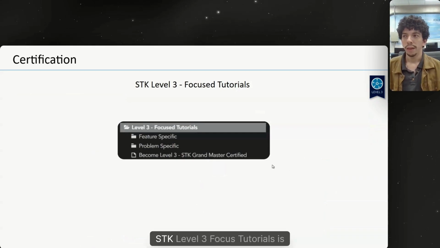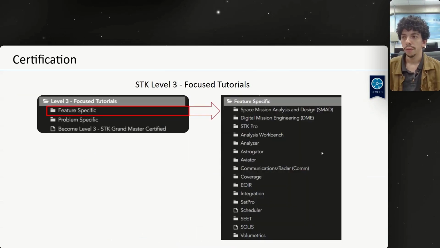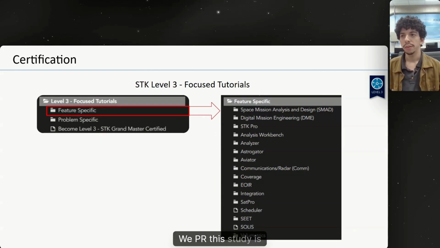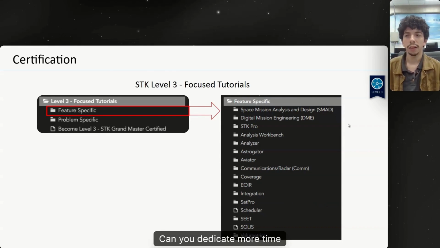And the STK Level 3 focuses on tutorials that are feature specific or problem specific. Prepare, because this study is longer, okay? Can you dedicate more time?